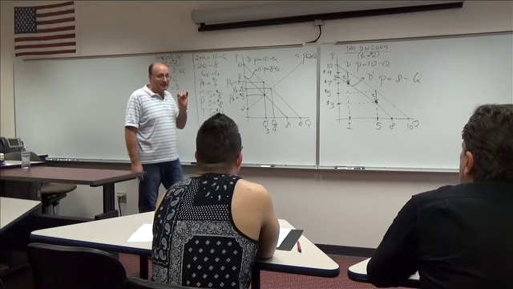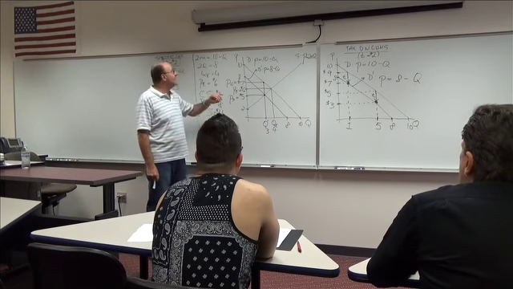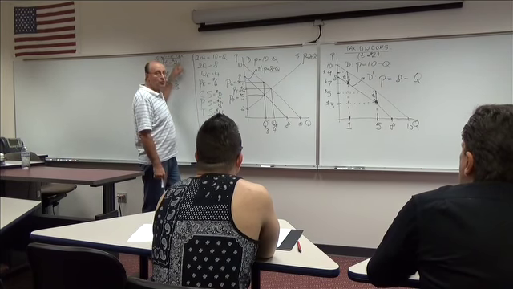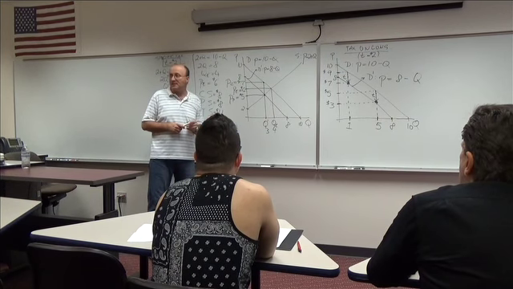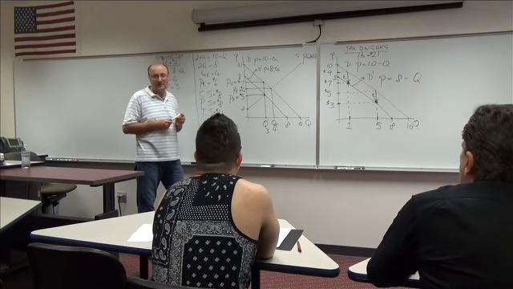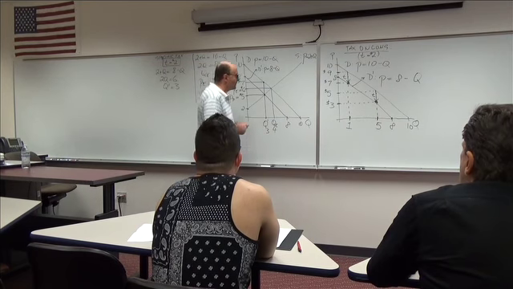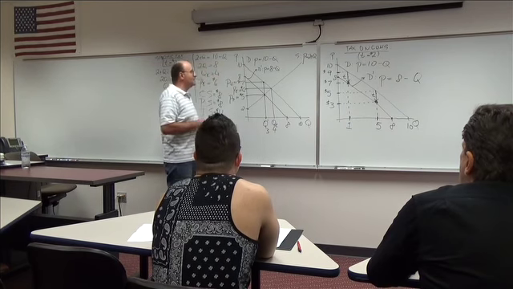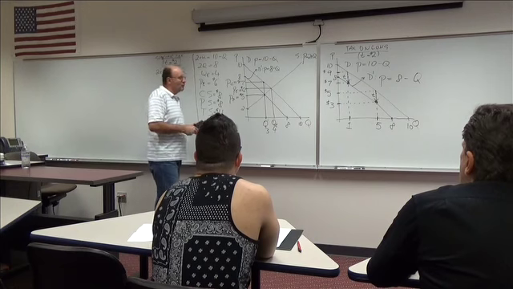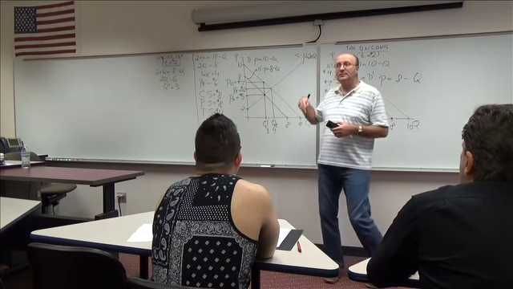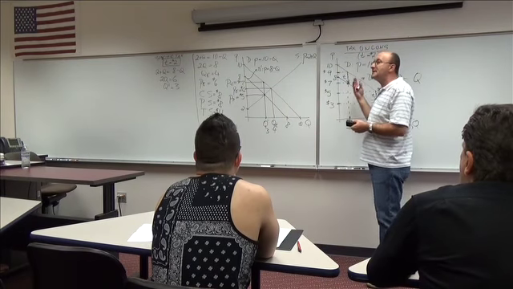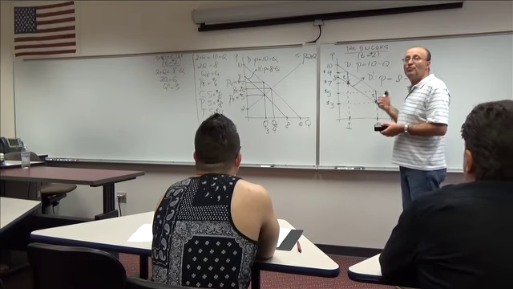But generally speaking, we see that even though the tax may be imposed on consumers, its burden is actually shared by consumers and producers. Okay? So that's the impact of the tax imposed on consumers. Now, let's try and redo the same exercise, only this time let's impose the tax on producers.